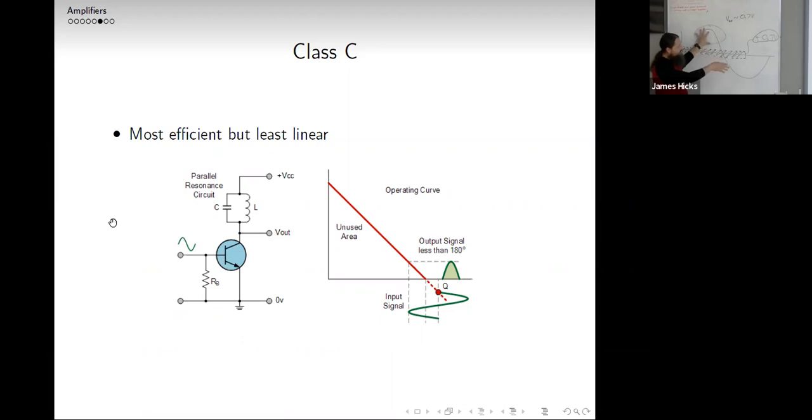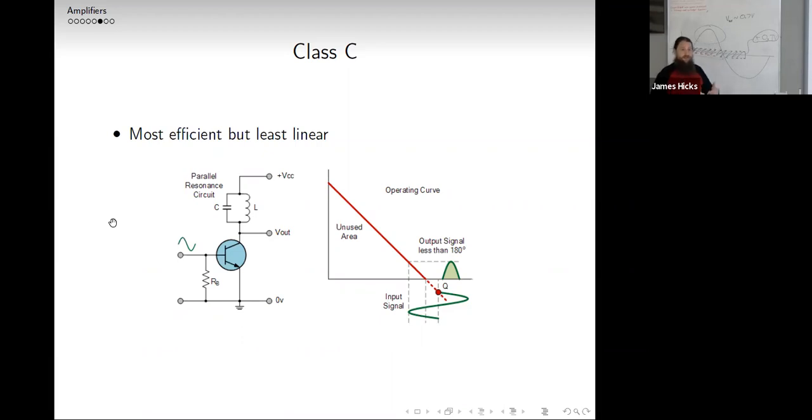And this one that I'm showing you the picture of here, a common use for a Class C amplifier is for high frequency use. And what they put in that is a little LC tank circuit to help the signal resonate at whatever frequency you want to amplify.